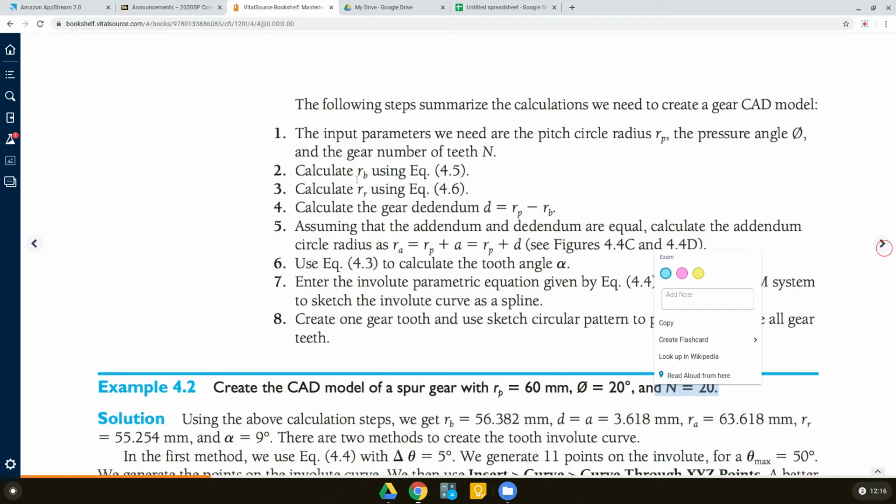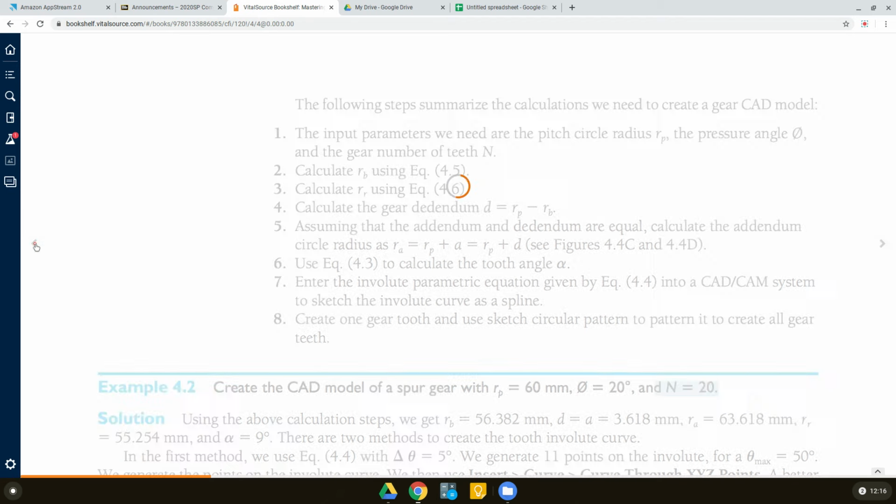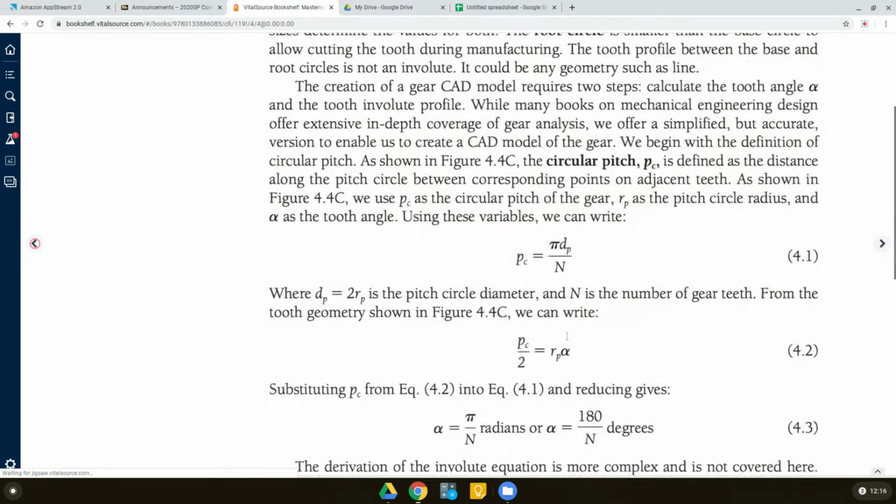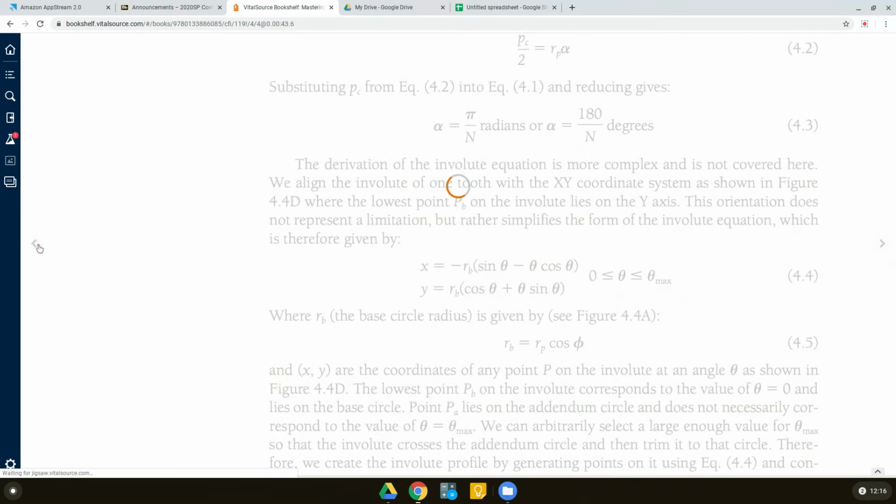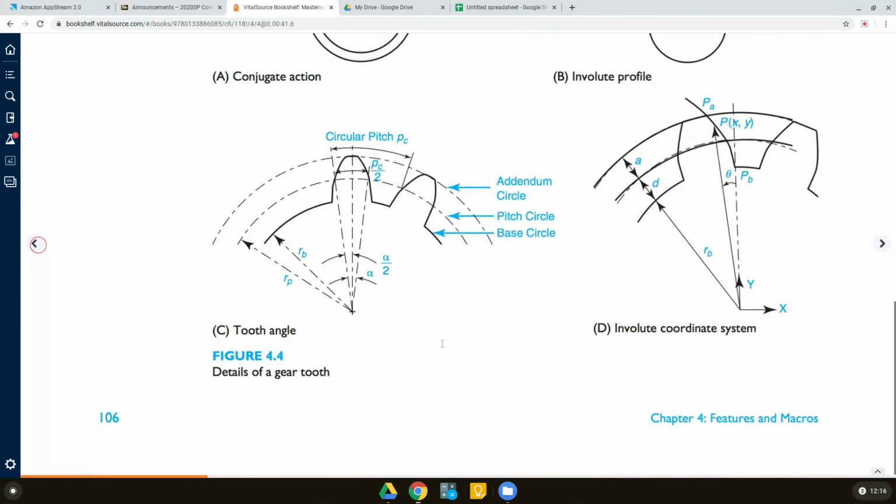There are a bunch of circles when it comes to a gear. Let me just quickly show you what circles we are talking about. So here they are. There is this base circle, there is this pitch circle, there is the addendum circle, which is the topmost circle on the gear. Just like the addendum circle, there is a dedendum circle on the other side of the pitch circle.